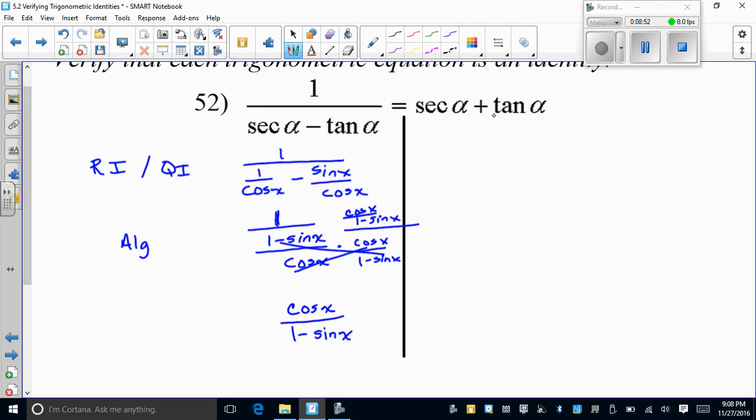Secant is going to give you 1 over cosine of x plus sine over cosine, which gives you 1 plus sine of x over cosine of x. Still not the same. I'm not saying it didn't help, but it doesn't look like it's helping us. But by the way, we did the same as the other side: a reciprocal identity and a quotient identity. Here was just a nice little algebra step.